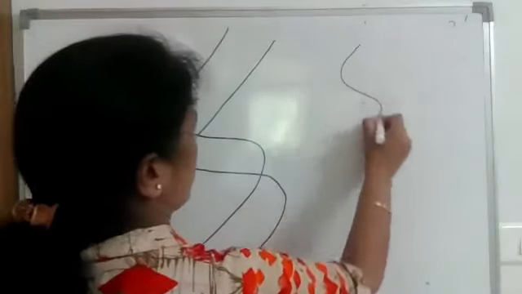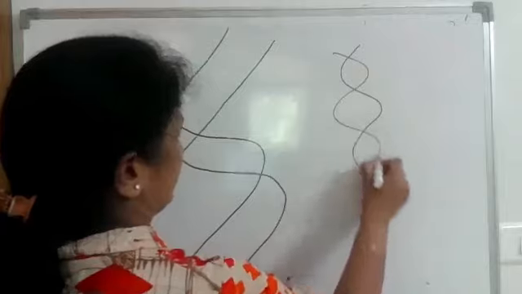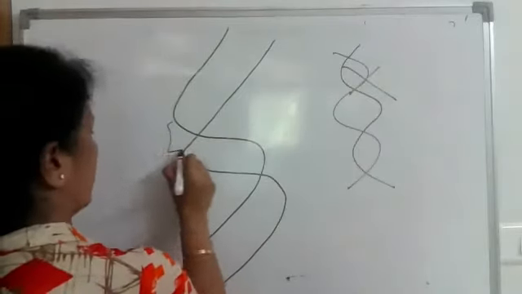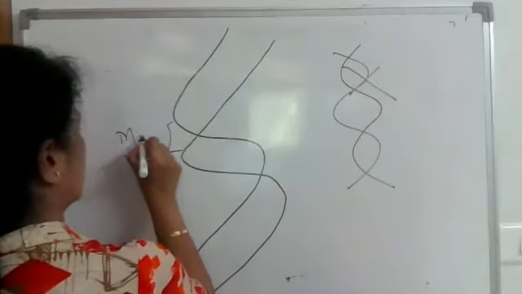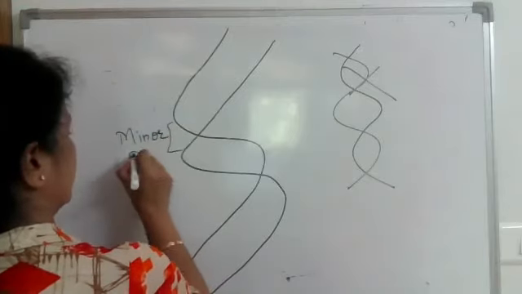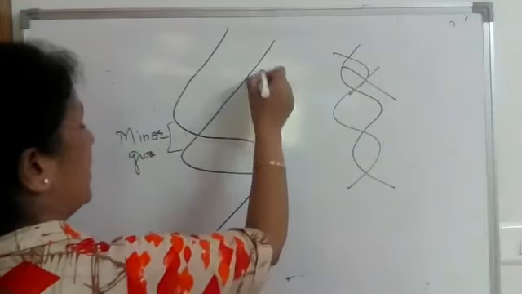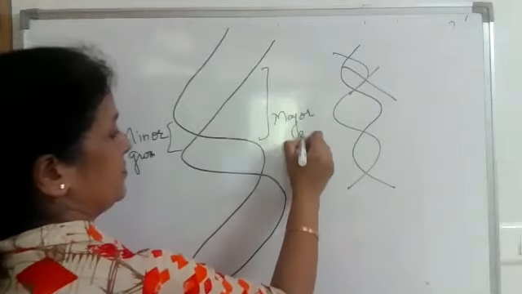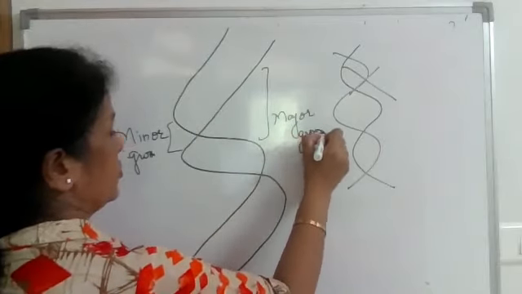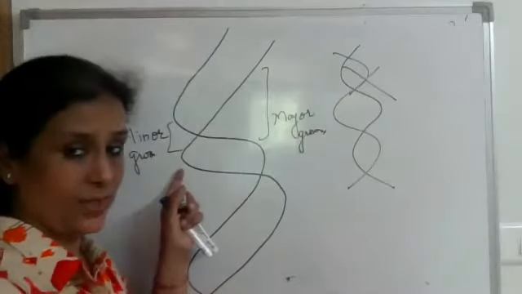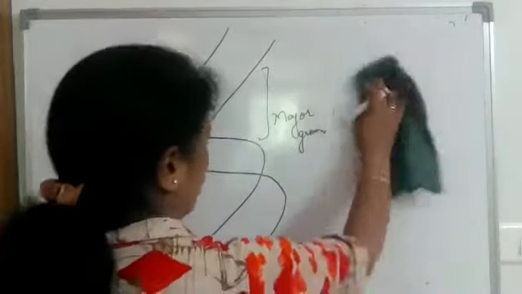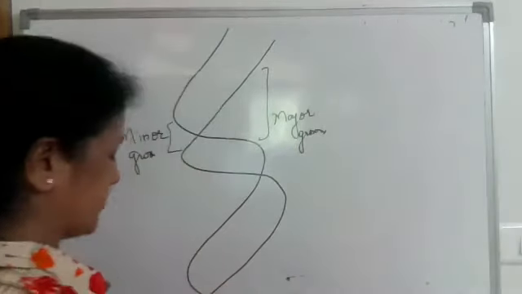You need not draw it like this. This is the wrong structure because it is having minor groove and major groove. So that is why your structure has to be like this and not like this. This is the wrong way of drawing DNA structure.